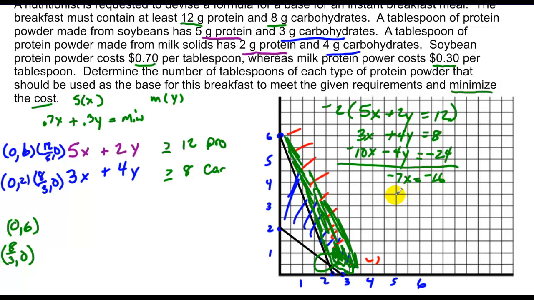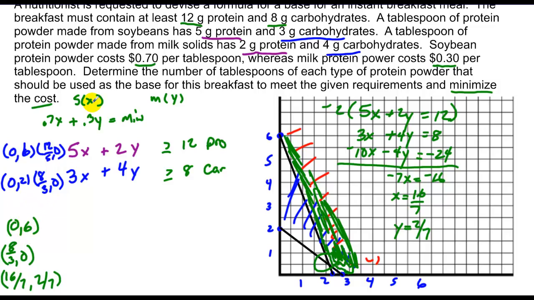So x equals 16 over 7. I'm going to have to find my y. And y ends up equaling roughly 2/7. So that's my third point. And I get 16 over 7 and 2/7.